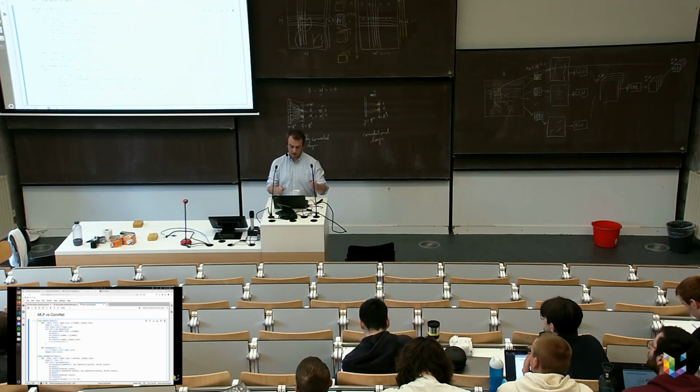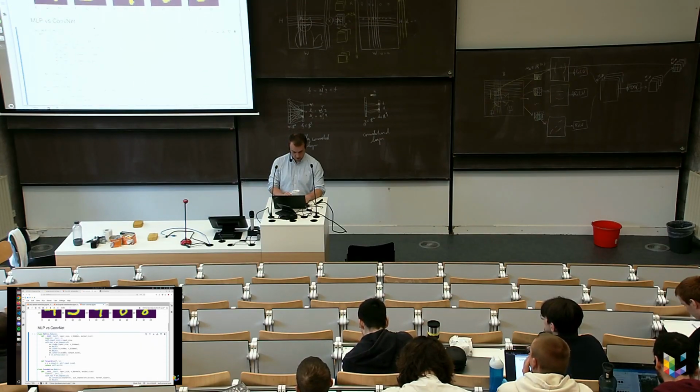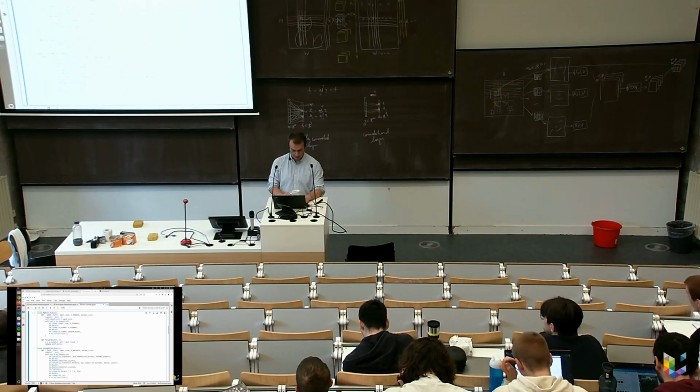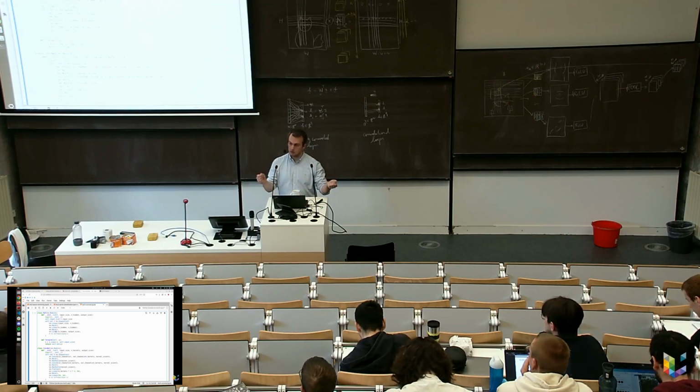So the first hidden layer has a size of n hidden, which will be an input of the constructor. Then we have a ReLU, another linear layer of the same width, a ReLU, and a final linear layer, which is mapping this number of hidden values back to the number of classes that we have, which is the output size.